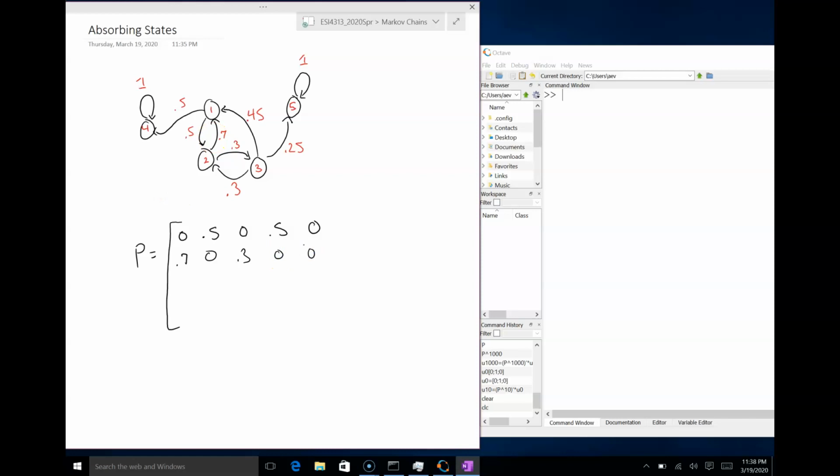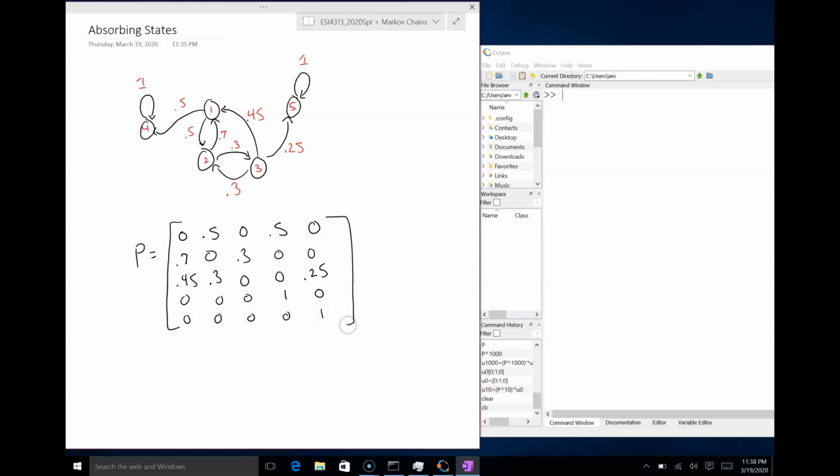All right, for state 3, we have 0.3, 0, 0, 0.25. And then for state 4, 0, 0, 0, 1, 0. And finally for state 5, 0, 0, 0, 0, 1.